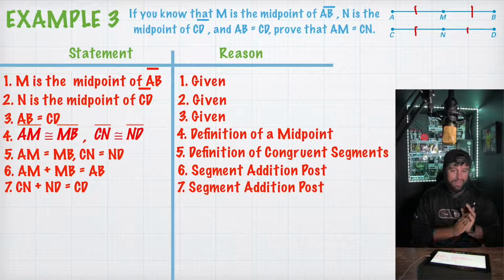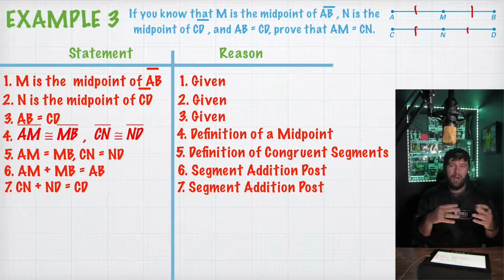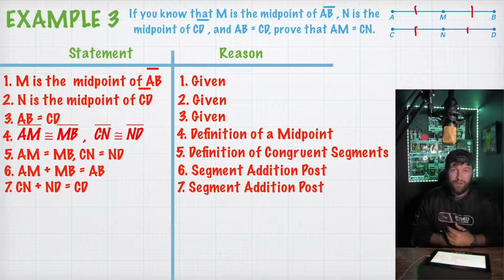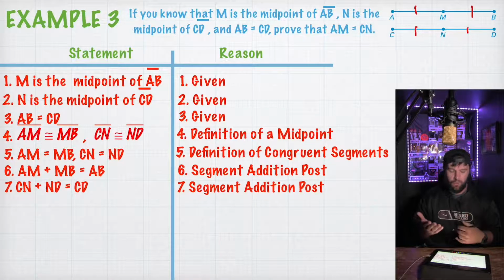Okay, now here is where it kind of gets a little tricky. Here's the thing about proofs. I'm going to go ahead and just throw this out there. A lot of my students are like, how am I ever supposed to know that's what the next step should be? And the way you do it, proofs are a lot of just watching. You watch, you read them, and then you're like, oh, that was the logical order they did that.